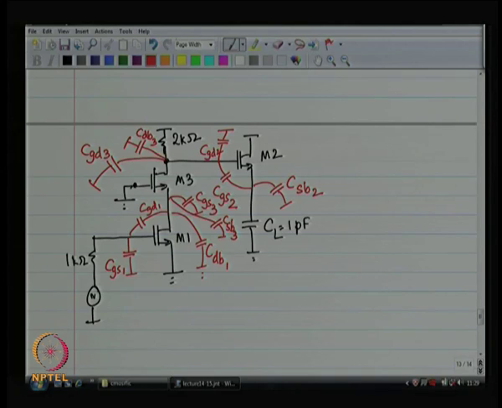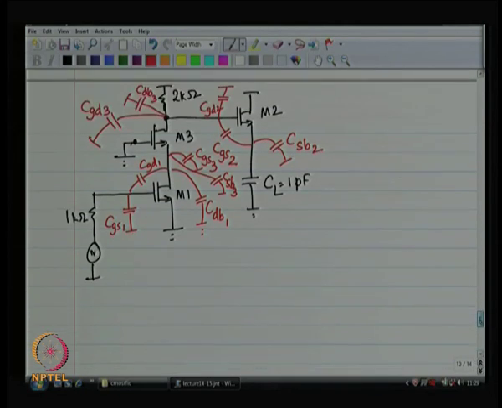These are all the time constants that we have to compute. So, let us do it systematically, one step at a time. So, CGS1, let us call it tau GS1. What is the resistance you see? The resistance you see is 1 kilo ohm.